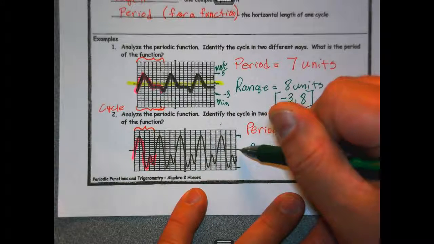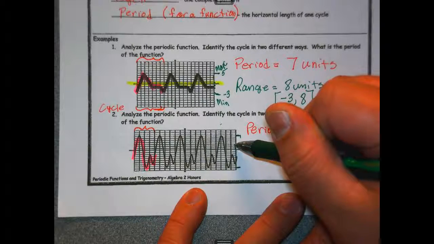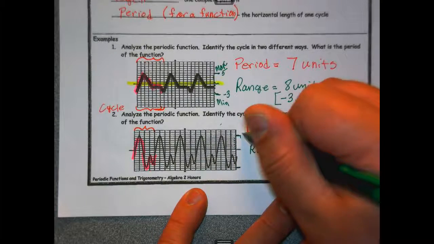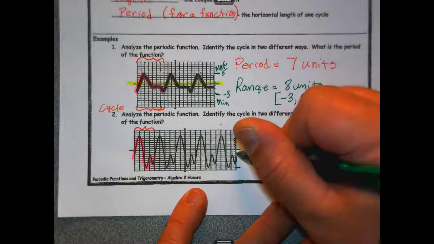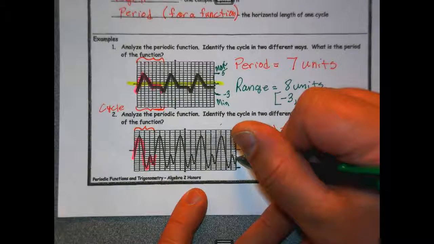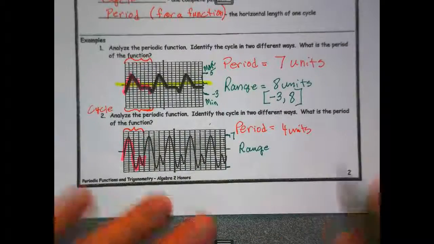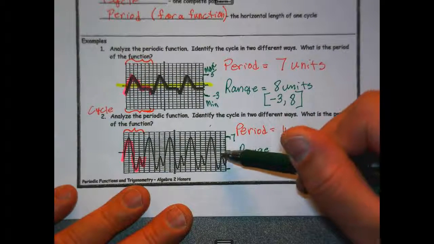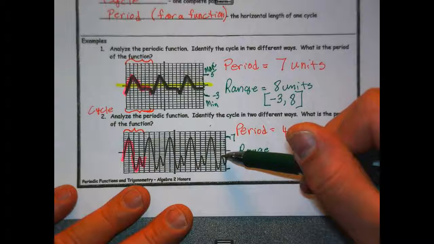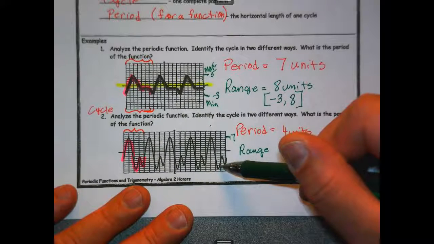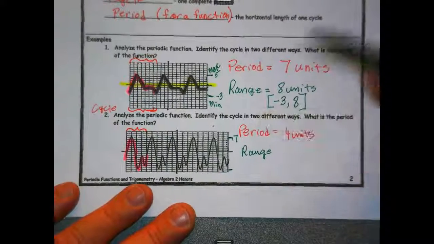So the maximum, here's my x-axis, 1, 2, 3, 4, 5, 6, 7. And going down, 1, 2, 3, 4, 5, 6, 7, 8, 9.